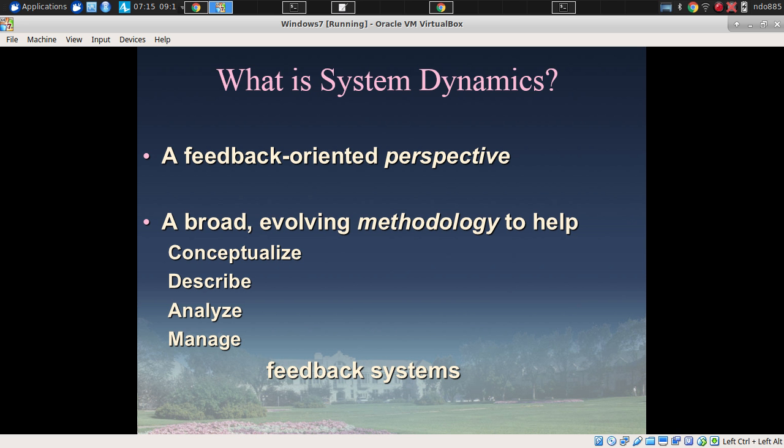But system dynamics is also distinguished by a broad evolving methodology that helps us conceptualize these systems. It focuses a lot on our mental models of these systems, describing the systems in a transparent way that people from any background, any walk of life, people who have had no university education, can relate to and understand, and more than that, contribute to.